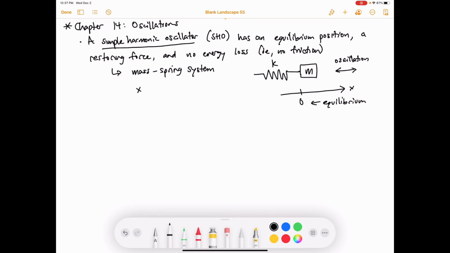And what we found is the general solution for the motion, x as a function of time, is A times cosine(omega t plus phi), where A is what we call the amplitude of the motion. That's the maximum displacement from equilibrium. Okay. Omega is what we call the angular frequency.